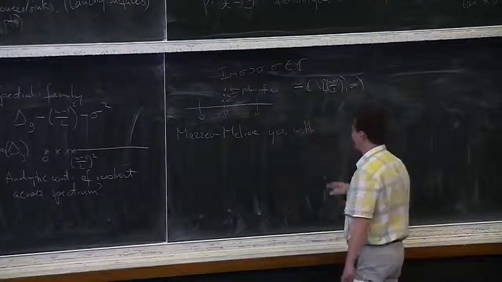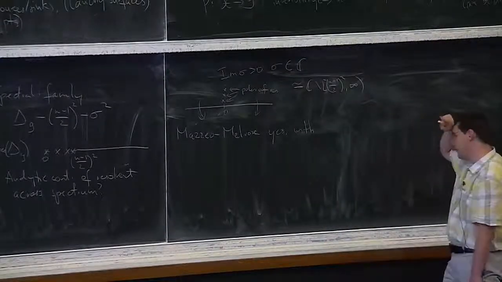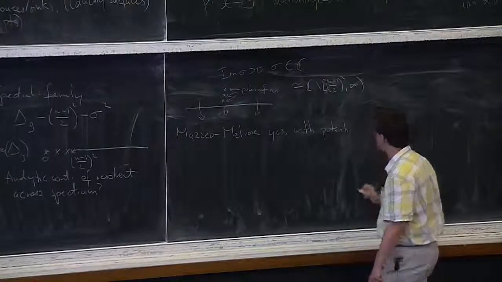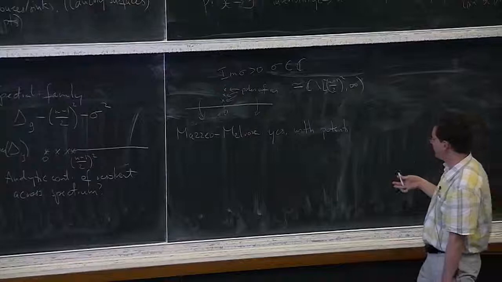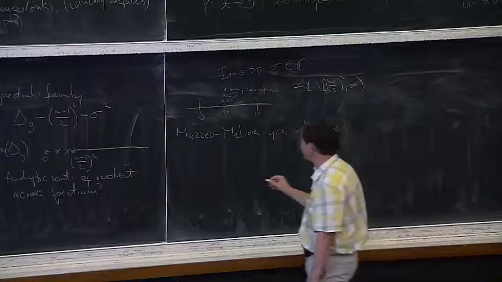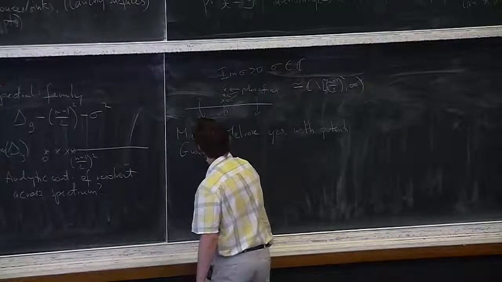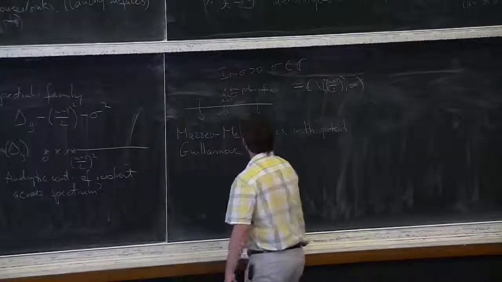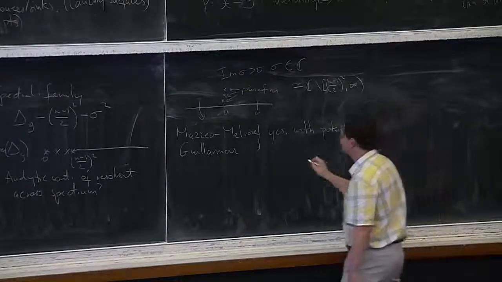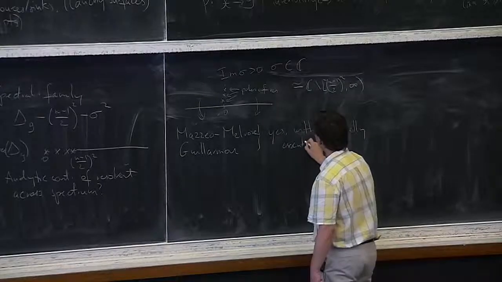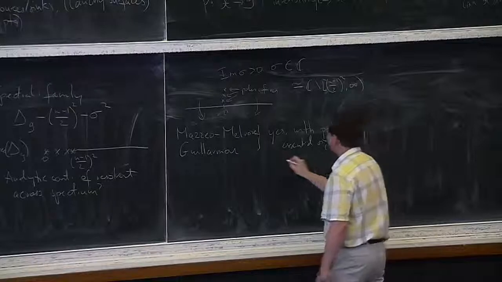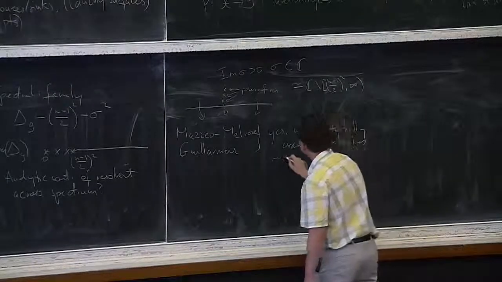Actually, this is not Melrose. This was something that was observed, I think, by Borthwick and Perry, and then Guillermo was the one who explained it. So maybe I'm going to say Guillermo. So yes, with potentially essential singularities at roughly speaking negative imaginary integers.